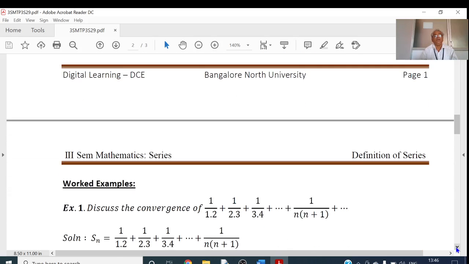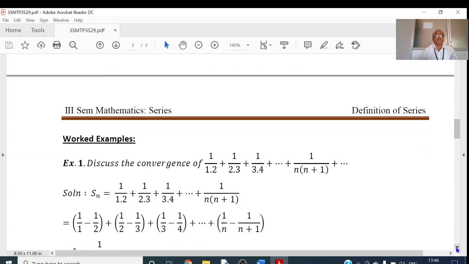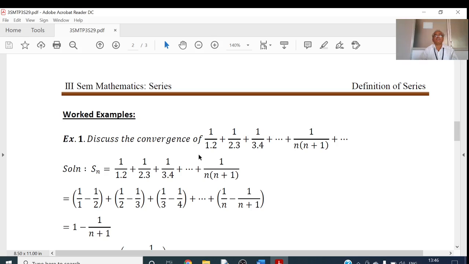Let us go for an example. Discuss the convergence of 1 by 1 into 2 plus 1 by 2 into 3 plus 1 by 3 into 4 plus up to 1 by n into (n plus 1) plus and so on. Here the nth partial sum is Sn equal to 1 by 1 into 2 plus 1 by 2 into 3 plus 1 by 3 into 4 and so on, and the nth term is 1 by n into (n plus 1).